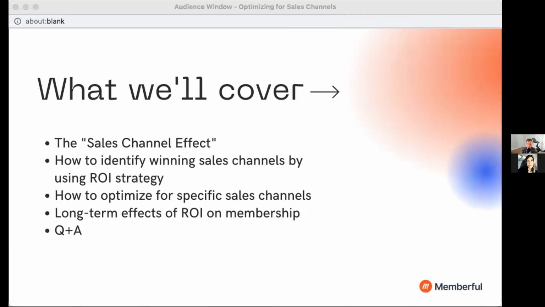Second, we're going to talk about how to identify the sales channels that are the most profitable for your own program. And we're going to look at how to optimize those channels in a way that puts you in the best position to take advantage of sales channels that prove to be the most profitable for you.